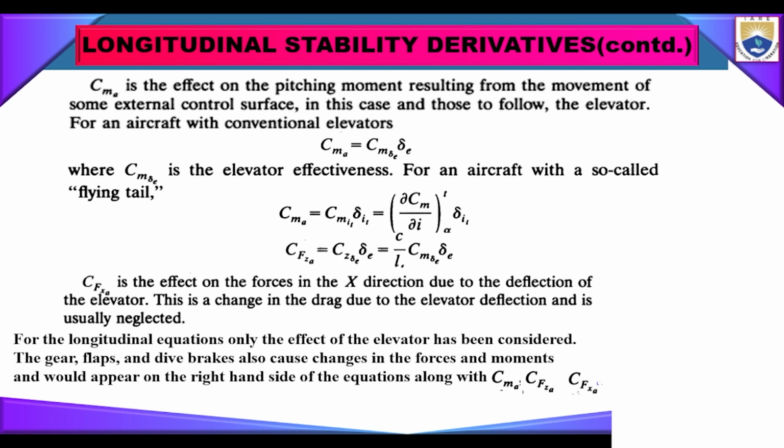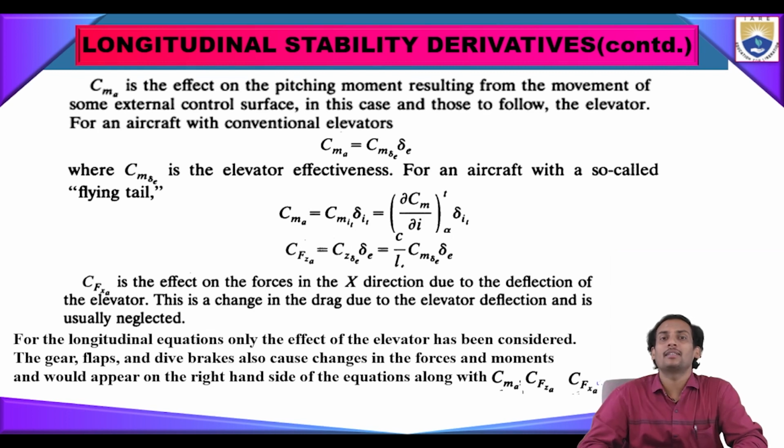This delta E is the elevator angle. So where CM delta E is the elevator effectiveness. So that is again the moment coefficient only. So then it can be written as CMA equal to CM IT and the delta IT. So that will be equal to dCm by di into delta IT.